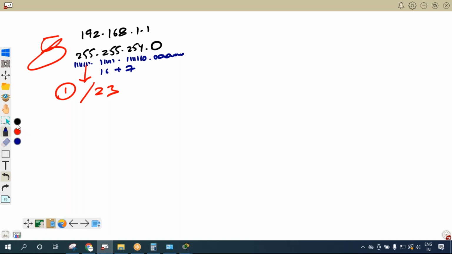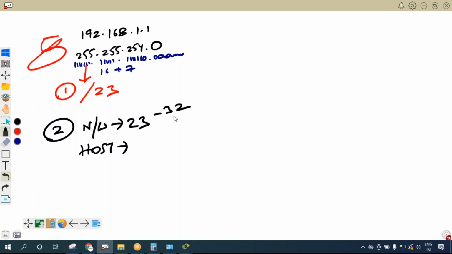So my dear friend, the next is the network part. The network part is 23 bits, and the host part has now increased. What do you think the host part is? The total IP is 32 bits, and 32 minus 23 leaves 9 bits on the host side.